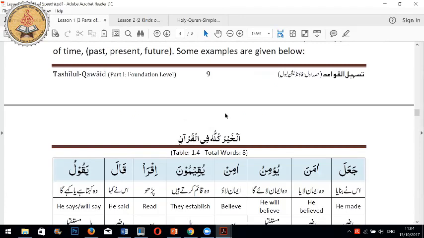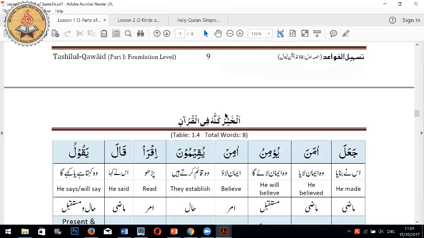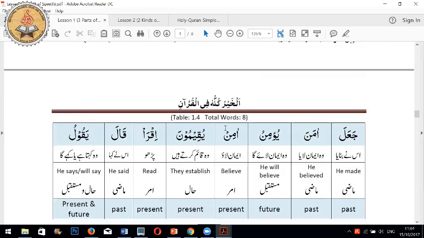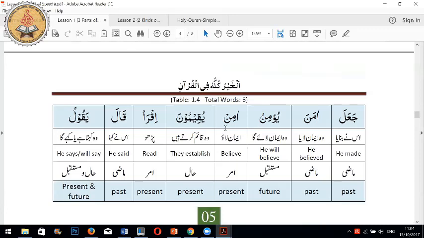Okay, we covered table 1 to 3 in the previous lesson, and today this table 1.4, and there are a total of 8 words. You see, each and every word in this course is taken from the Quran, because our focal point in our mind is to learn and understand the roots and basics of the Quran.